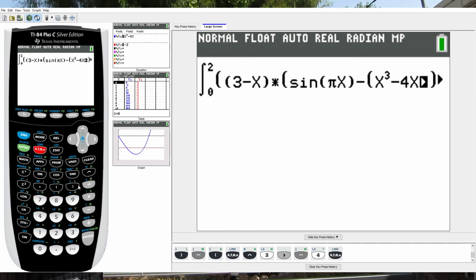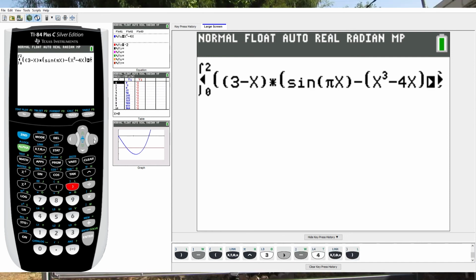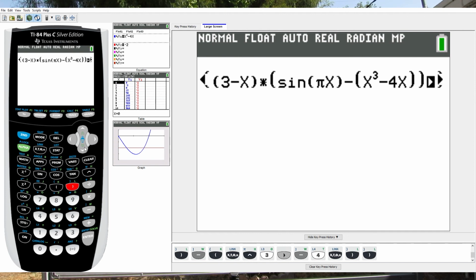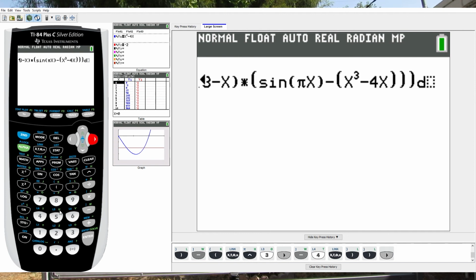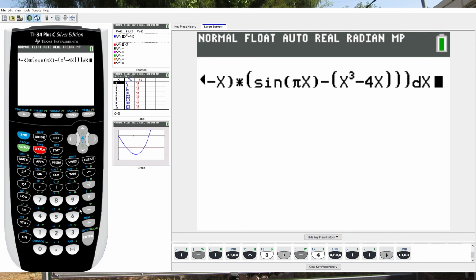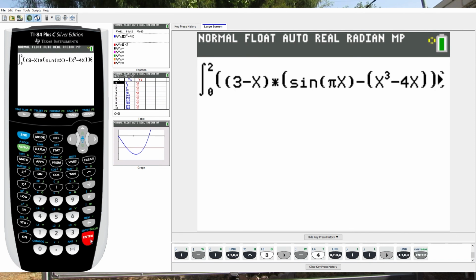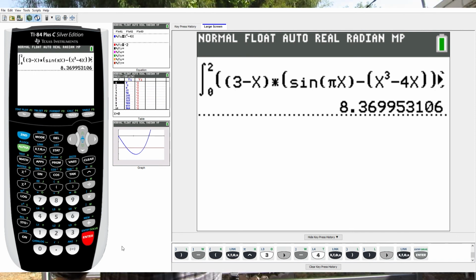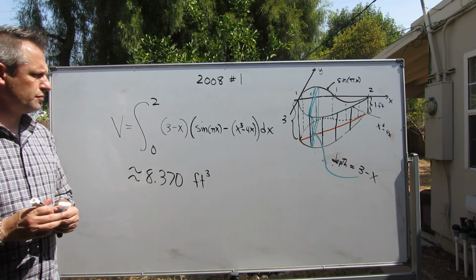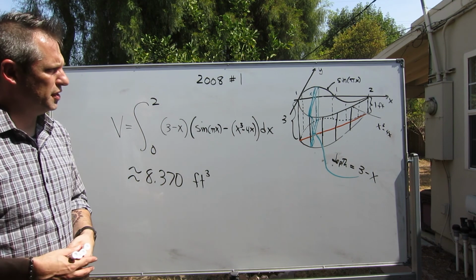They don't tell us what the unit is, but I would expect that this would be something like cubic feet, feet cubed of water is what this would end up being.